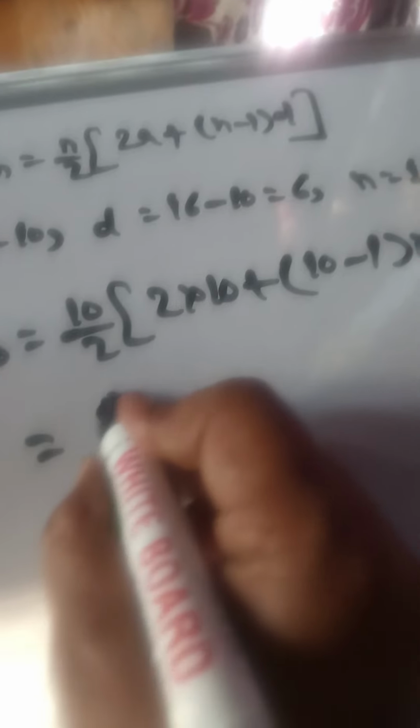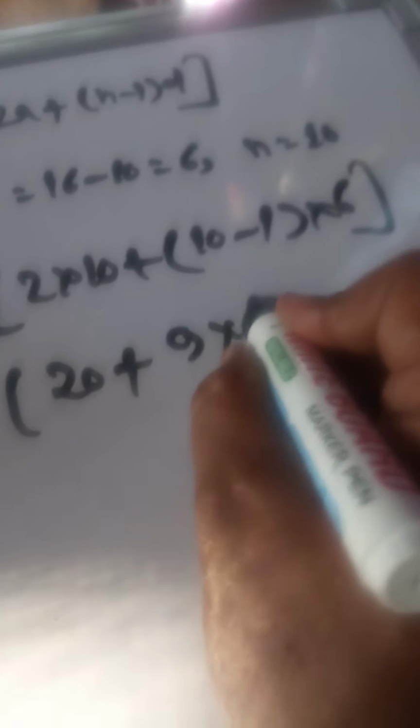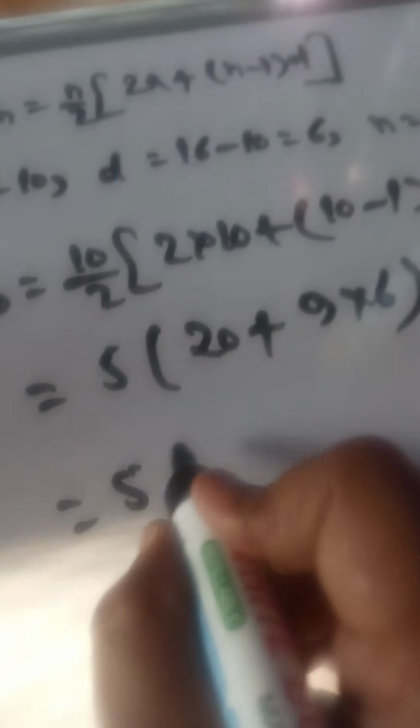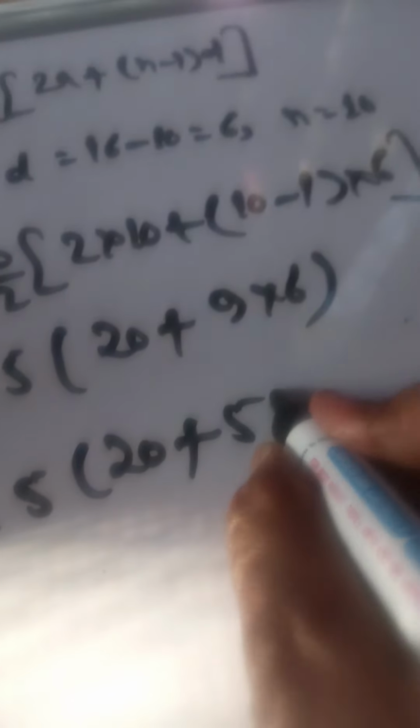Now simplify: 10 upon 2 is 5, times (20 plus 9 times 6), that is 5 times (20 plus 54), 5 times 74.